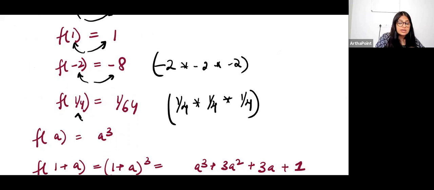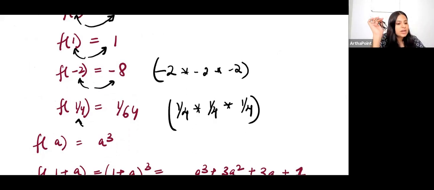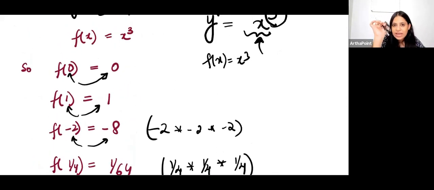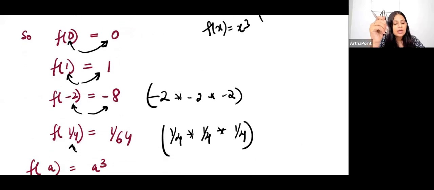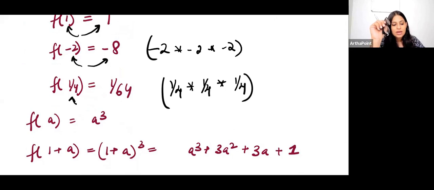You put a, and now this is a little tricky, and I want to hold you for a second to understand a and 1 plus a. Please understand, if I put a in f of x, I will get a cube. If I put 1 plus a in f of x, I will get 1 plus a whole cube. And you can open this up. All of us know the formula of a plus b whole cube: a cube plus 3a square b plus 3ab square plus b cube.